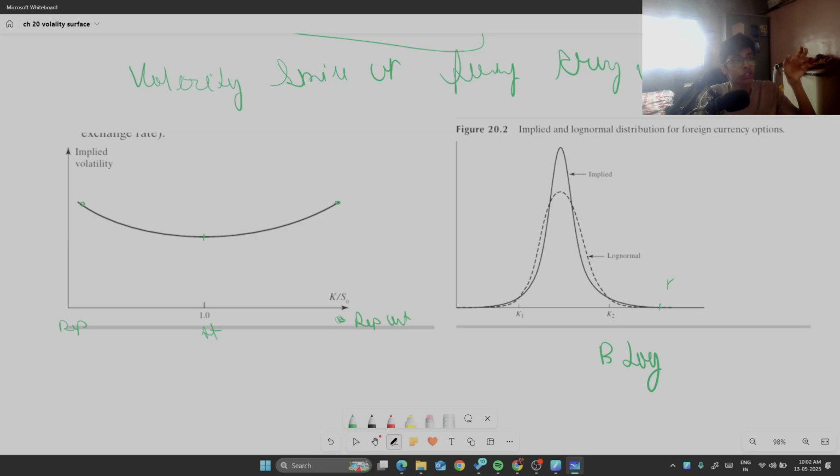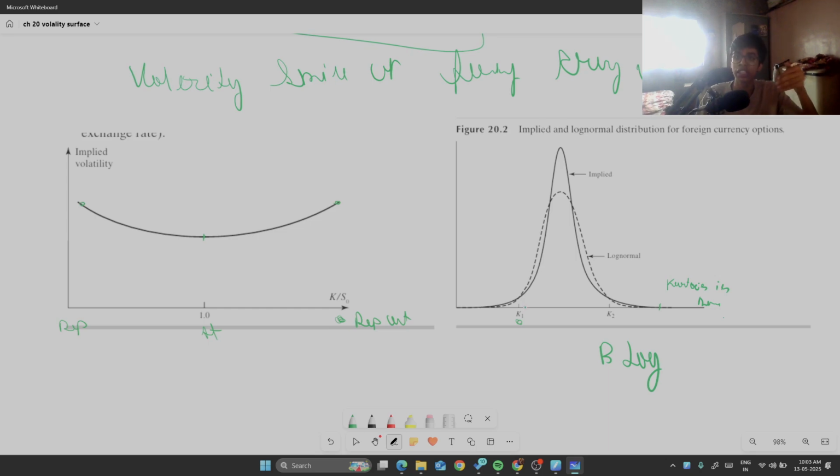So kurtosis is higher in the implied distribution than in the lognormal. This is the lognormal distribution. So if K1 is a very out of the money option and we price it using BS, then the price would be less.